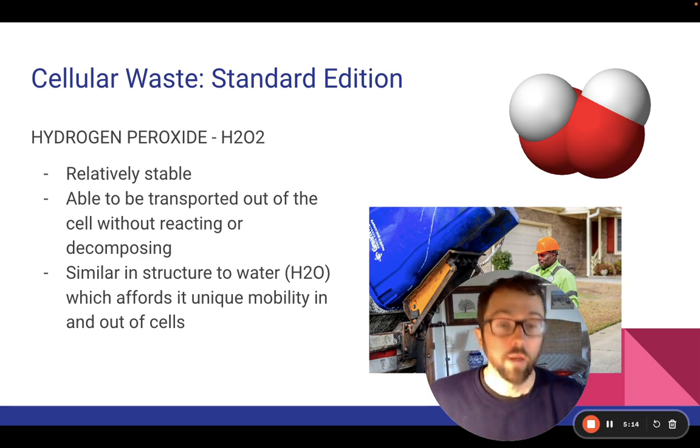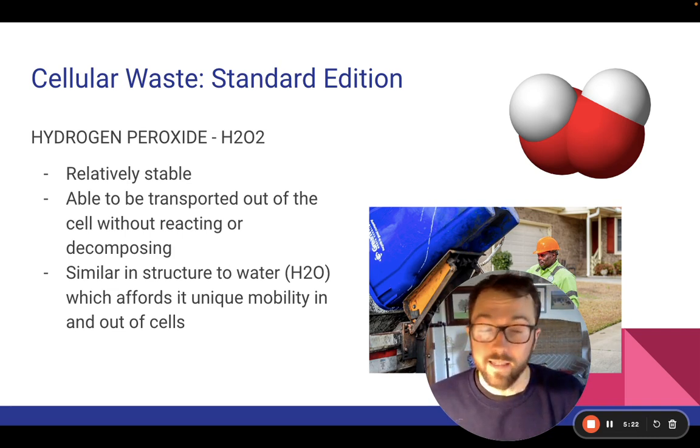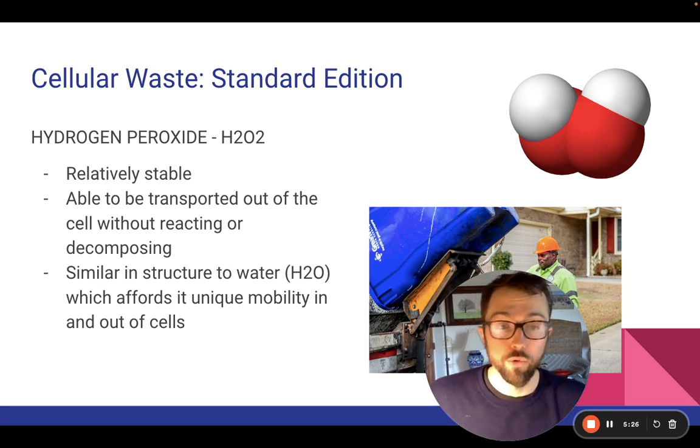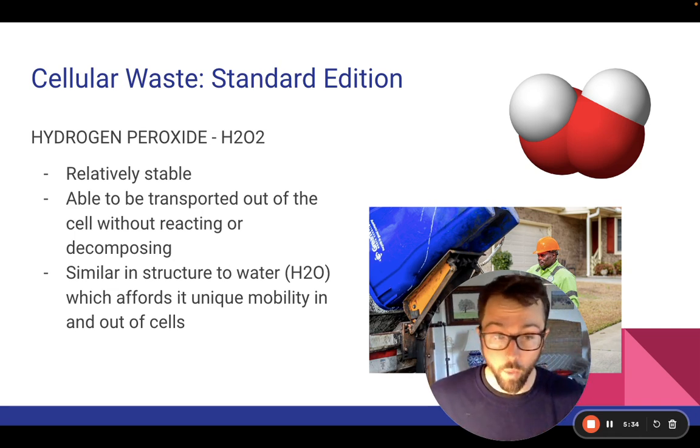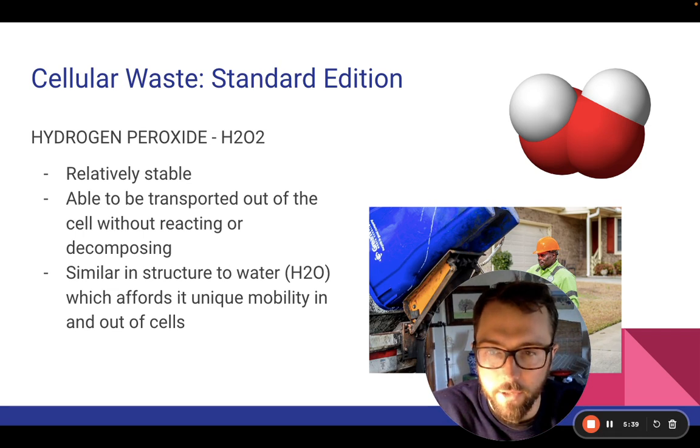And because it is so structurally similar to water, H2O, hydrogen peroxide is a lot more mobile. So it's going to be able to move through cell membranes and be passed out of the cell and into the waste system a lot easier because it looks a lot like water. And water obviously moves freely in and out of most cells.